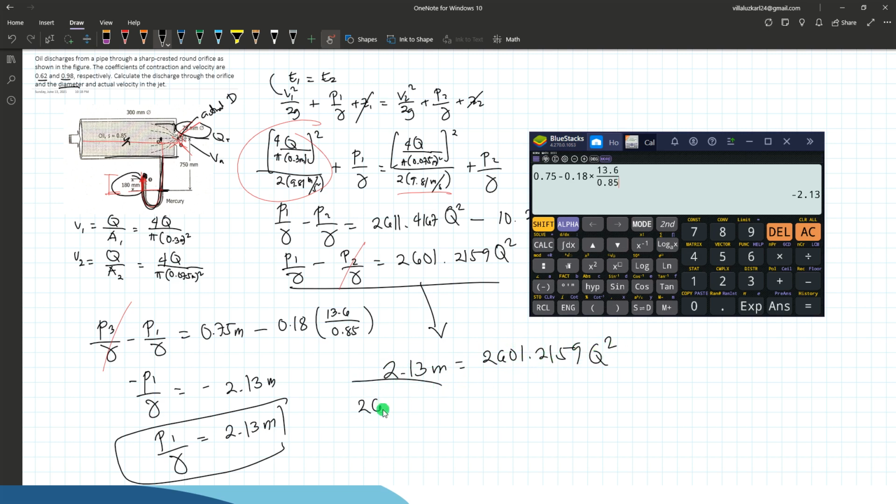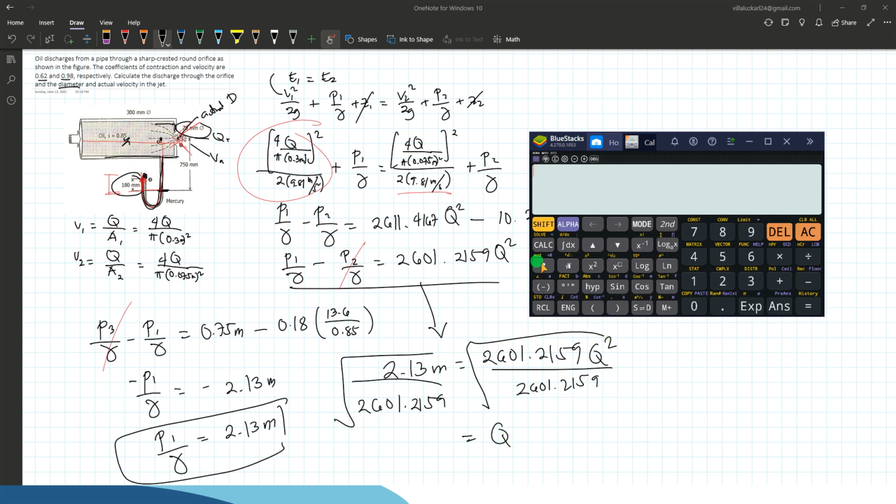We divide both sides by 2601.2159, then take the square root to find Q. So Q is equal to the square root of 2.13 over 2601.2159. The answer for Q, the theoretical discharge, is 0.0286 cubic meters per second.